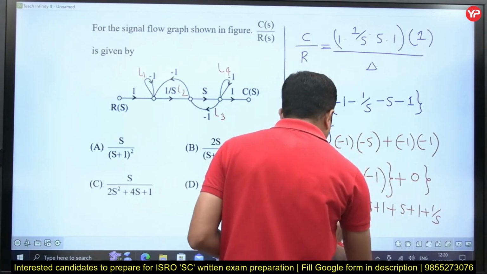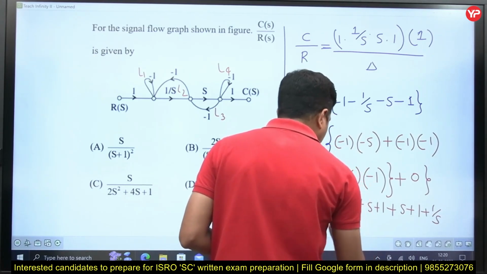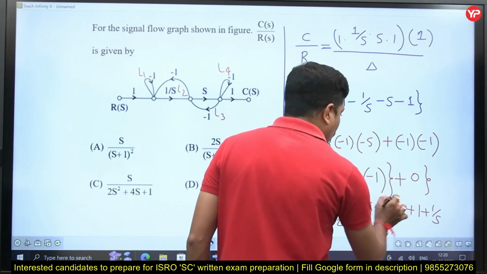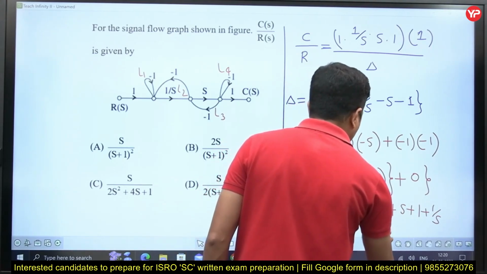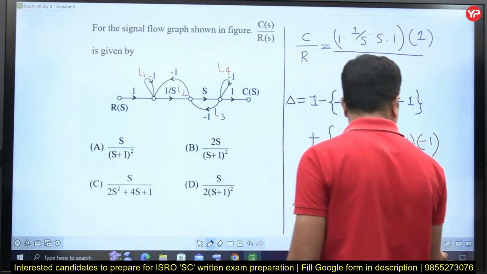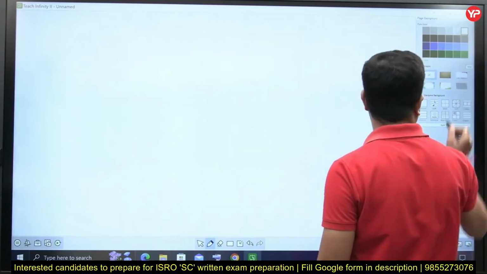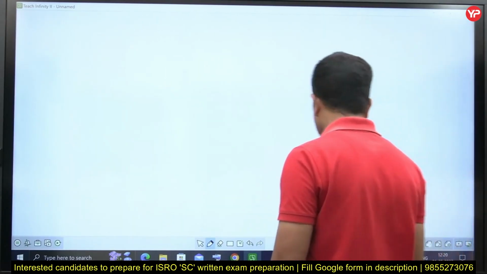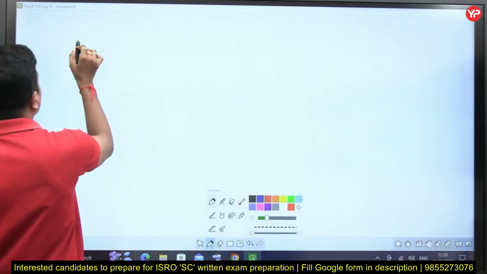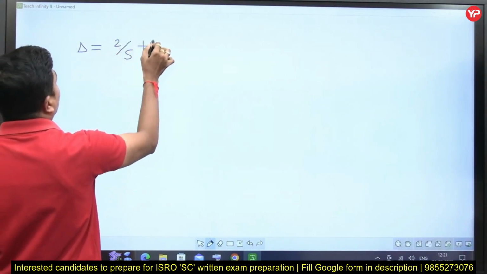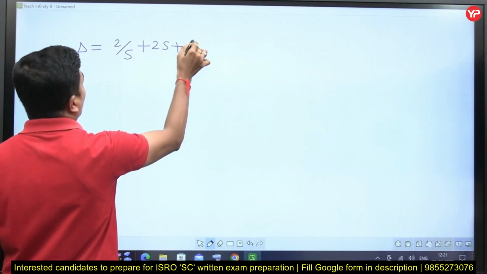Check my calculation, if there is any mistake please let me know. Now S plus S is 2S, and 1 by S plus 1 by S is 2 by S. So delta is equal to 2 by S plus 2S plus 4.